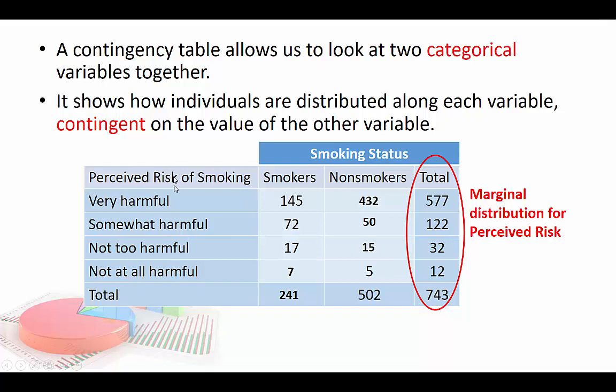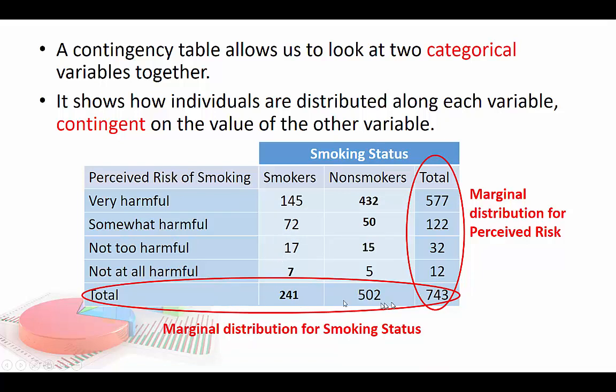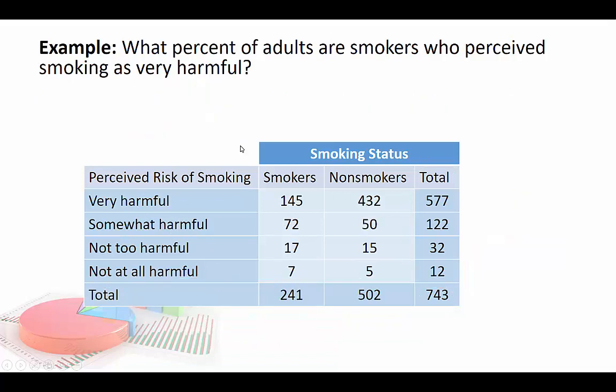So you're seeing how it breaks down on risk without regard to who's smoking. The marginal distribution for smoking status breaks it down according to status without regard to whether they thought it was harmful or not.